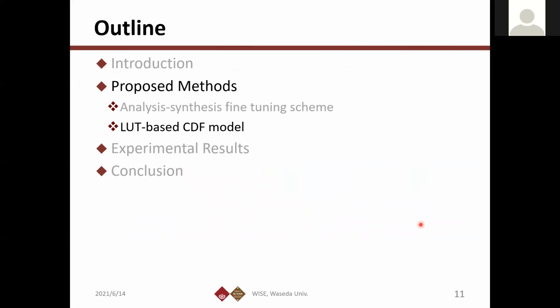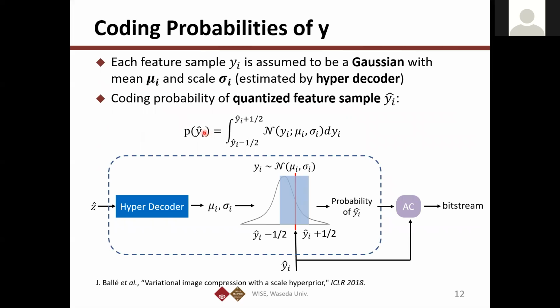And then we go to the second proposal, which is the LUT-based CDF model. Y is the output of the analysis transform, and we will have a coding probability. In fact, each feature sample Yi is assumed to be a Gaussian distribution with a mean and scale.